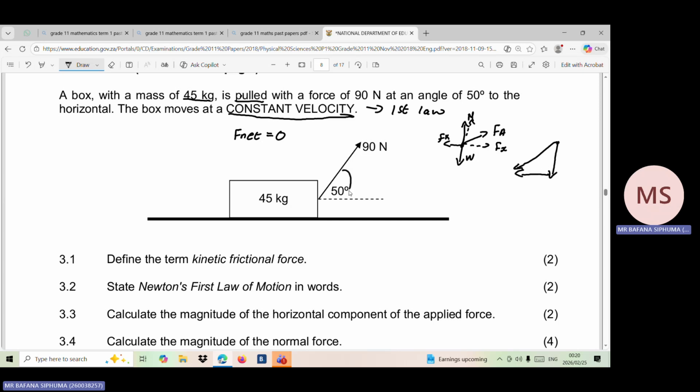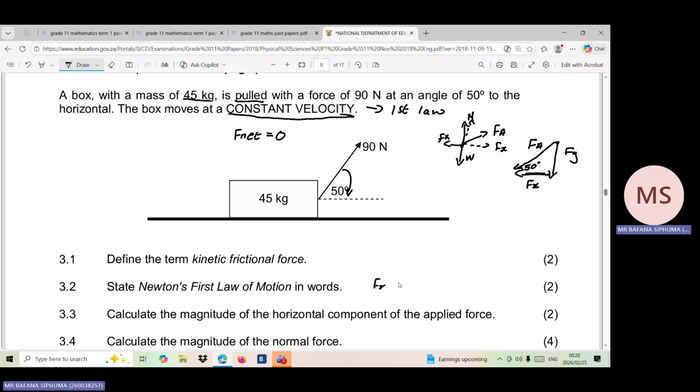Remember, this is my angle right there, so here my angle will be 50 degrees. This is Fy, this is Fx, and this is F, the real applied force. And they want this one, Fx.